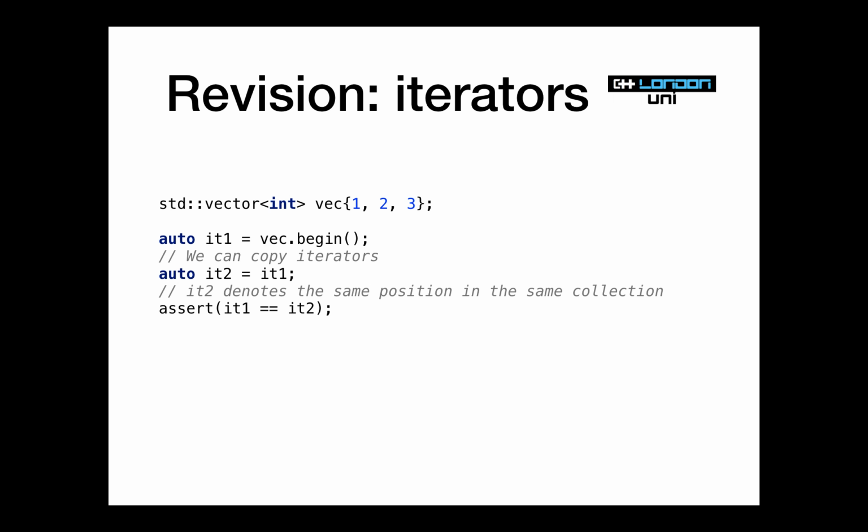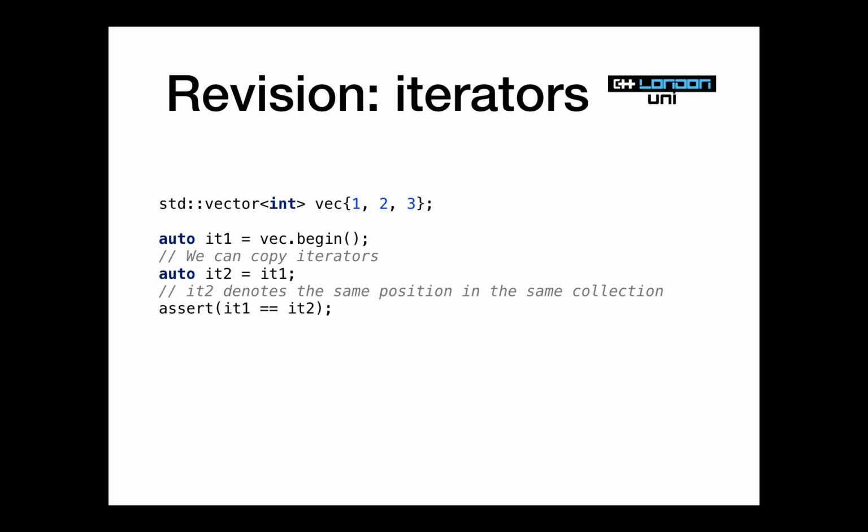So I guess you could look at it as saying the value of an iterator is its position and the sequence it is pointing into. The memory addresses of it1 and it2 will be different, of course, because they're two separate objects, and in C++, separate objects always have distinct addresses.